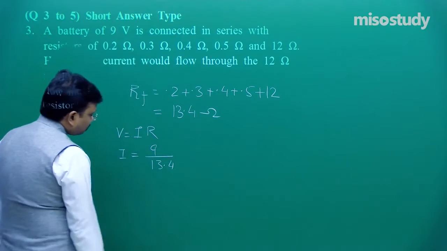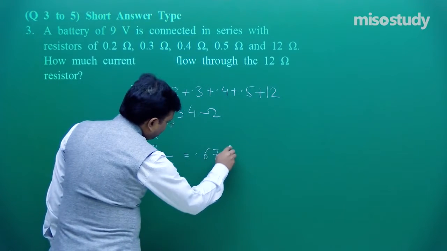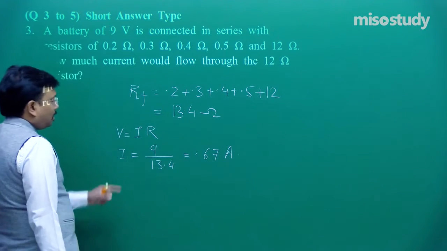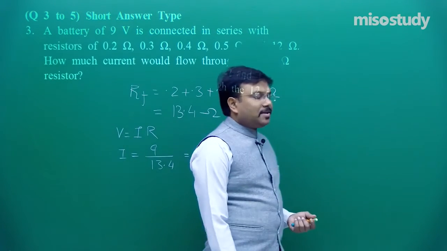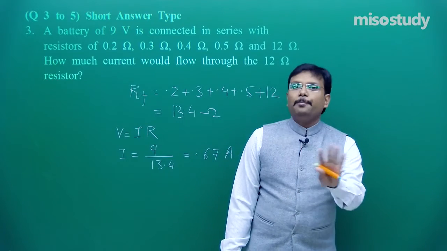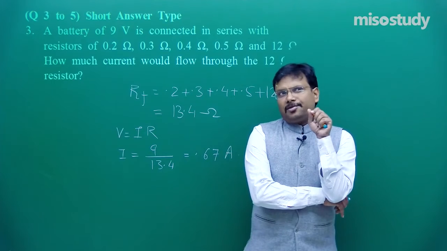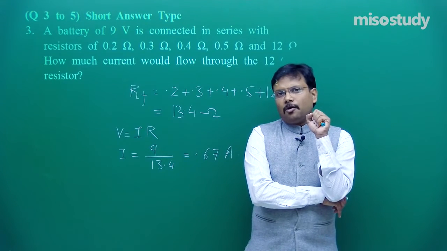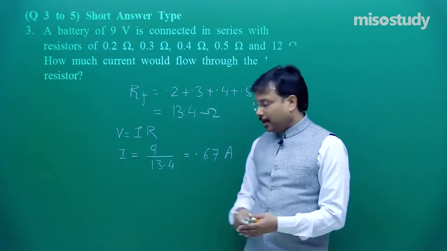When you solve this you will get 0.67 ampere as the current, fine. This short answer type question is basically for checking if you know this formula, simple. This question does not want to check anything else, simply whether the student is aware of this formula. Yes, that is it. This is Ohm's law, fine.